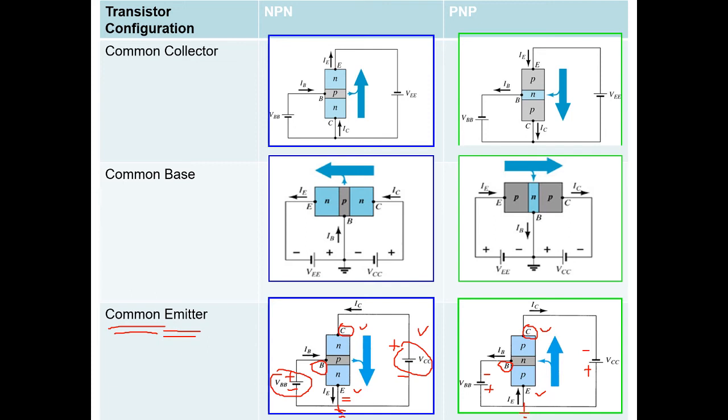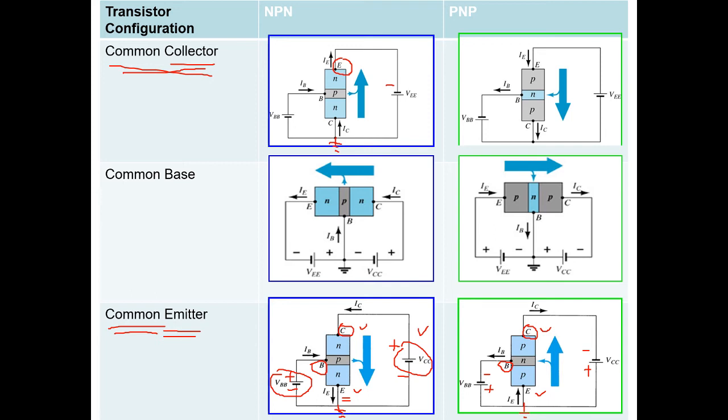Okay, then you have common collector. So the common is the collector. If you remember, I told you, if you want to put the biasing, you always refer to your emitter. So if your emitter is N-type, you connect it to the negative side, the negative source.